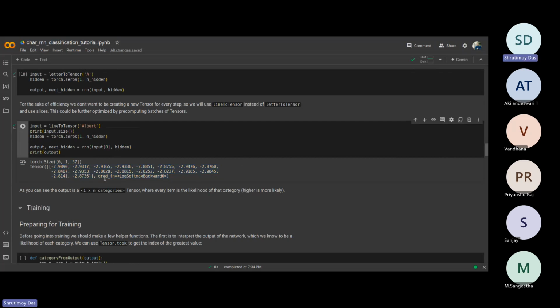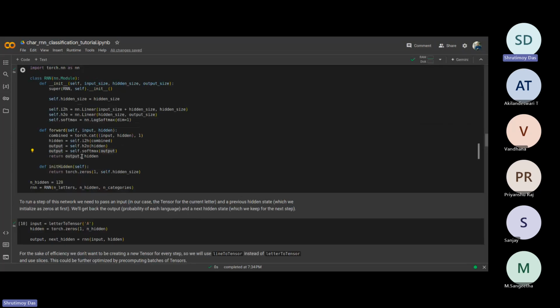Because we are using softmax at the last layer, whenever you are doing back propagation, it will go first to the softmax layer, then to the output layer, then to the hidden layer, and up to the combined layer.